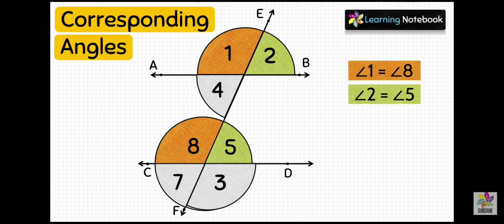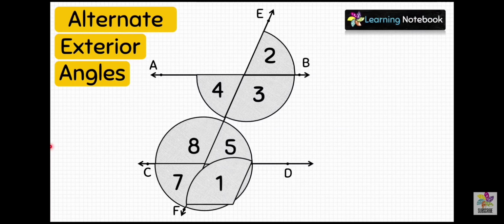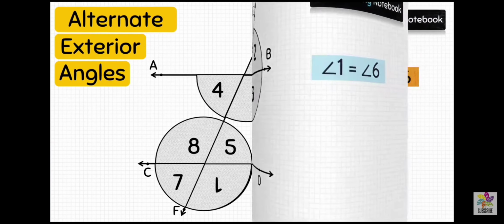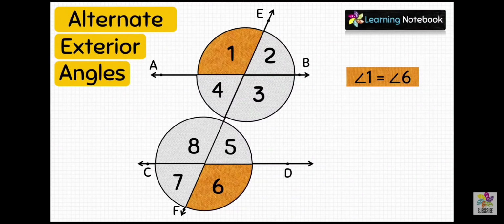Now, place the cutout of angle 1 on angle 6 as shown here. We see that angle 1 completely covers angle 6. So, it means that the first pair of alternate exterior angles are equal. That is, angle 1 equals angle 6. Similarly, let's place the cutout of angle 2 on angle 7.